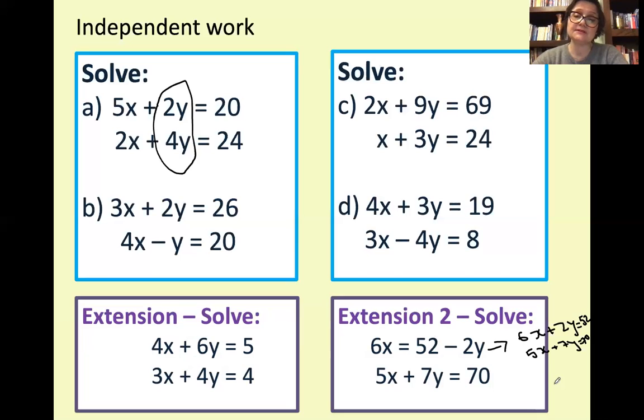It's going to be 30, or for a 7 and a 2, I can use the 14 as the lowest common multiple. So multiply the top by 7, every single term of the bottom by 2. Or if you want to work with the x's, multiply every single term of the top equation by 5 and every single term of the bottom equation by 6, because you want to make both of them 30.